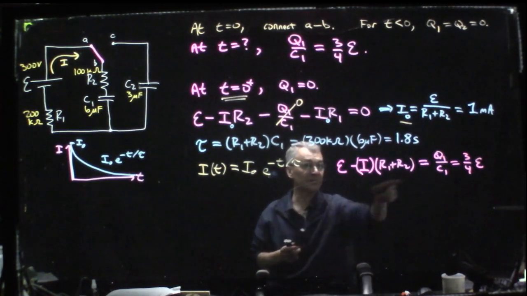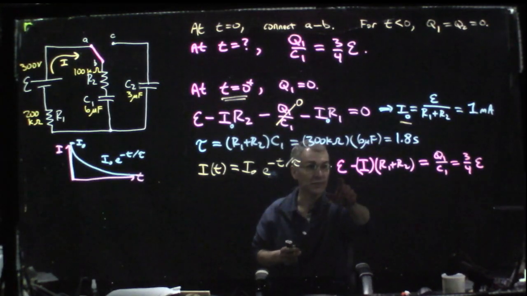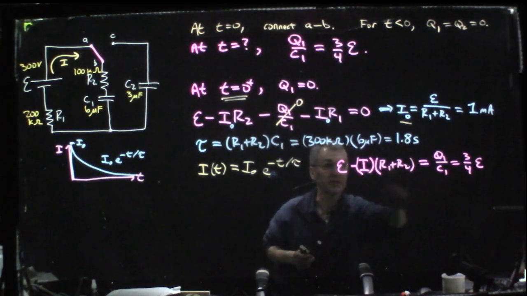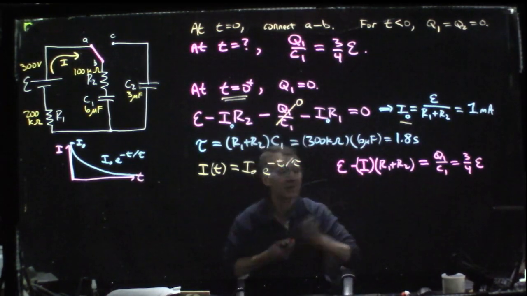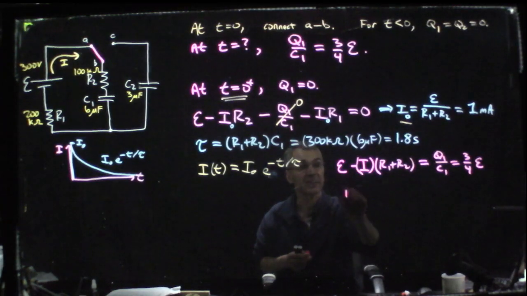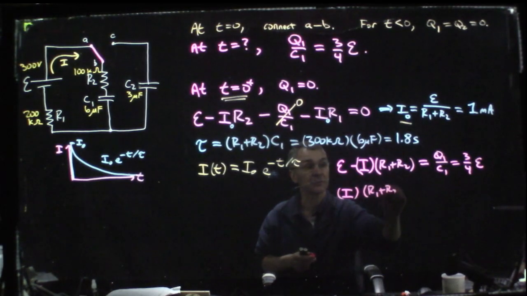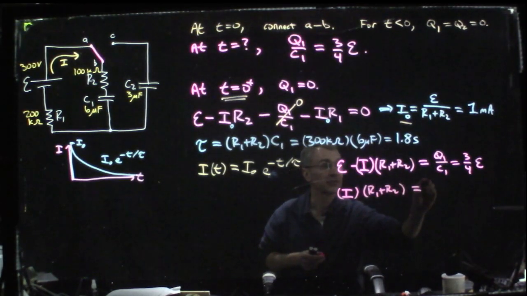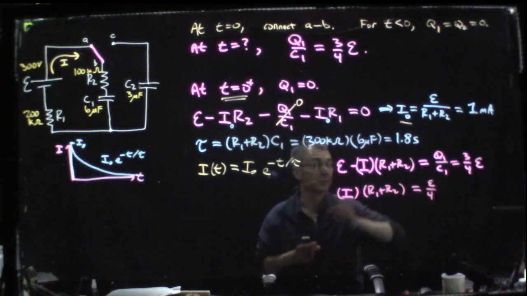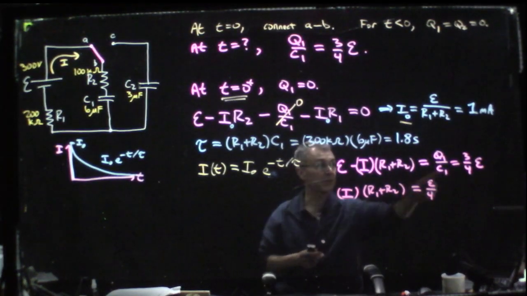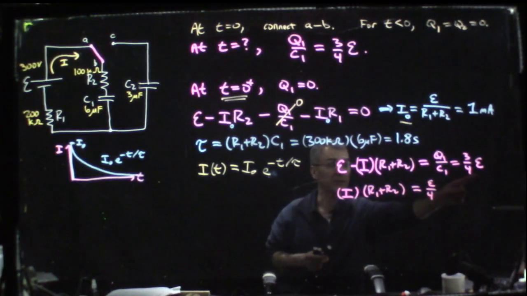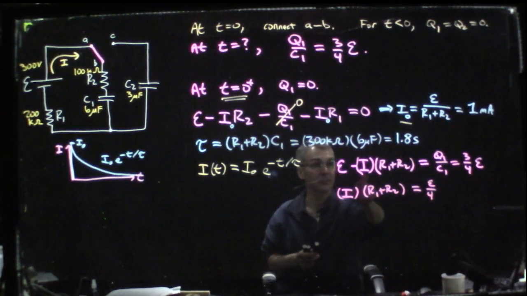So actually we can see if we move this over here, that gives us minus 1/4, and then we can cancel the minus sign. So this is actually I times R1 plus R2 equals 1/4 of the battery voltage. Did that work? Let's see. 3/4 minus 1 is minus 1/4. And then we do the minus sign.